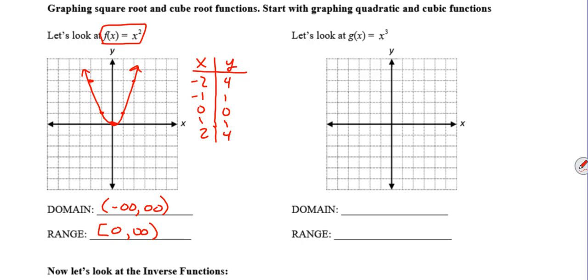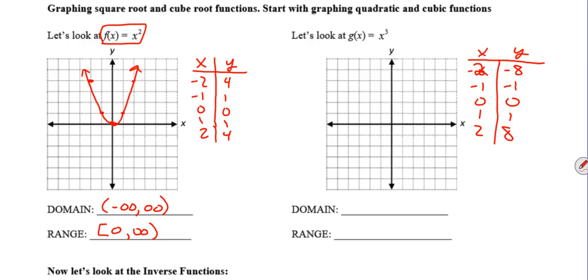We can then look at the graph of g of x equals x to the third, and we could again pick x values. We could say -2, -1, 0, 1, and 2 to get -8, -1, 0, 1, and 8. So with those x and y values, we can graph over here.